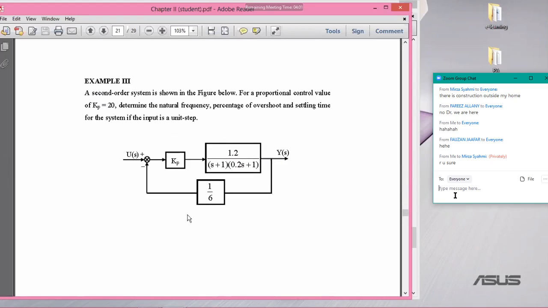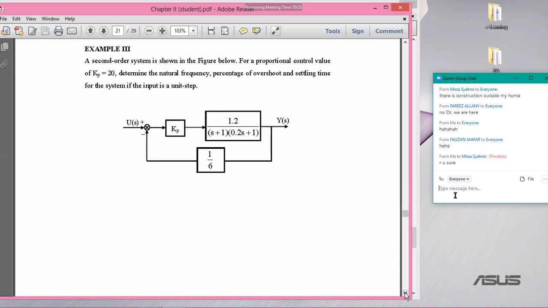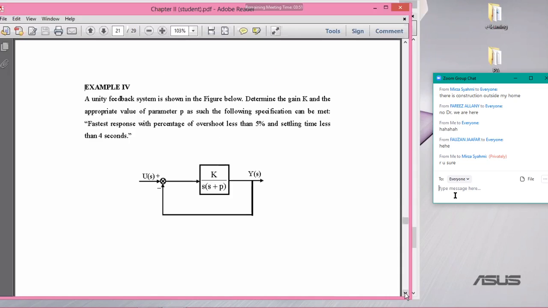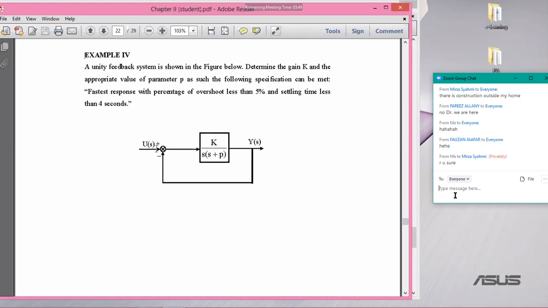Given a control system, you tell me how the system is going to behave. That's the analysis. And the second example here is a design type of example. I specify the specification, how the system should behave, and you tell me how you are supposed to design the system.